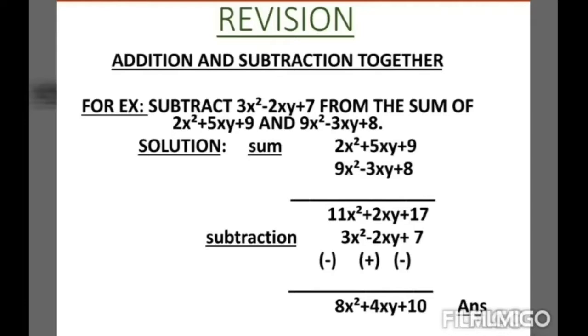So when we change the sign, plus becomes minus, minus becomes plus, and there is no value of the previous sign, right? So when we solve, 11x square minus 3x square will be 8x square, plus 2xy plus 2xy is plus 4xy, plus 17 minus 7 is 10. So 8x square plus 4xy plus 10 will be the answer.